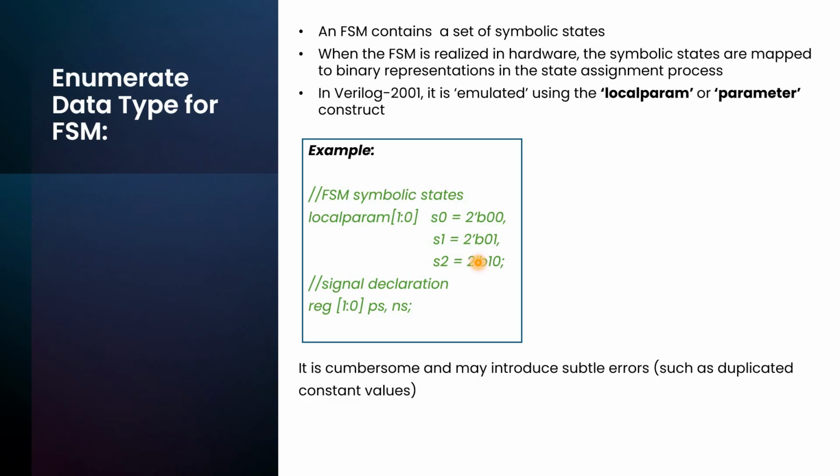In a single statement, it is cumbersome and may introduce subtle errors such as duplicated constant values. So the state declaration has been improved and done in a different approach in SystemVerilog, which is better, and it creates less confusion and fewer functional errors.